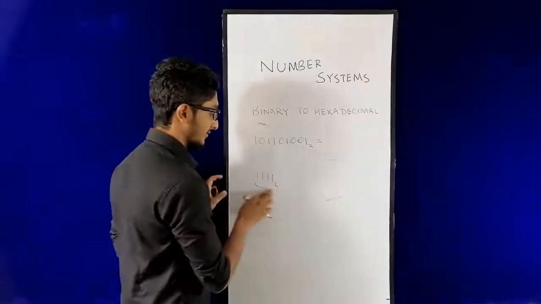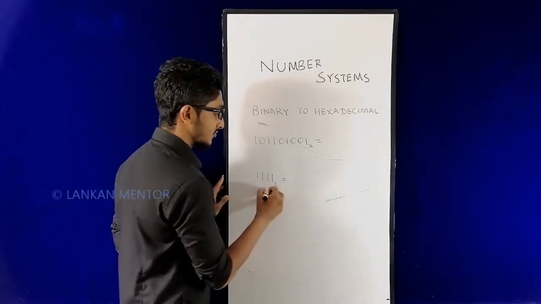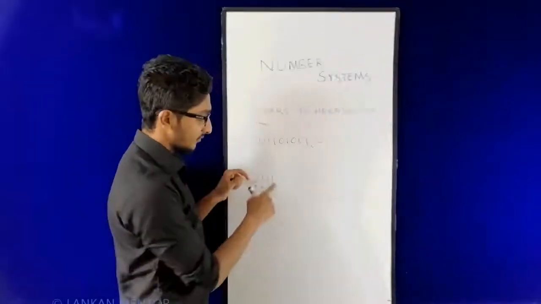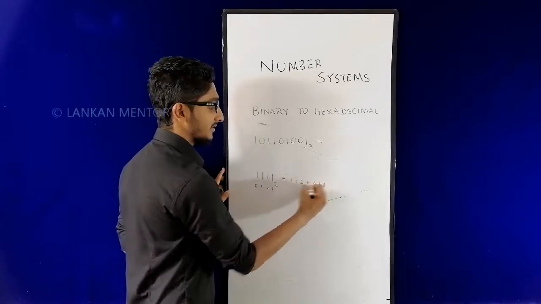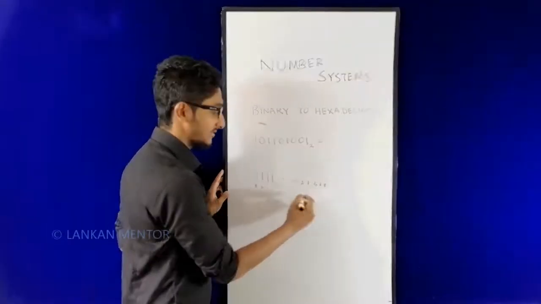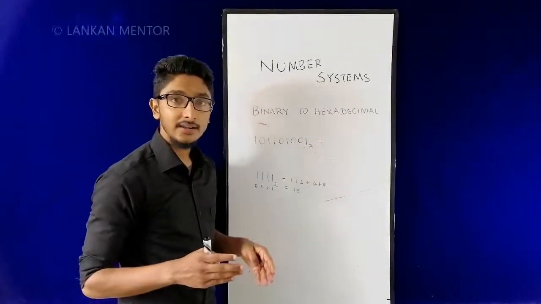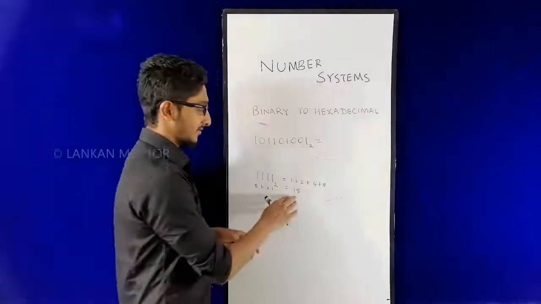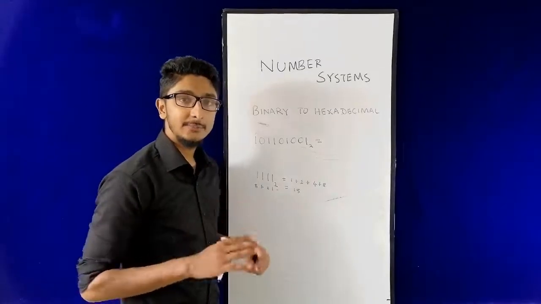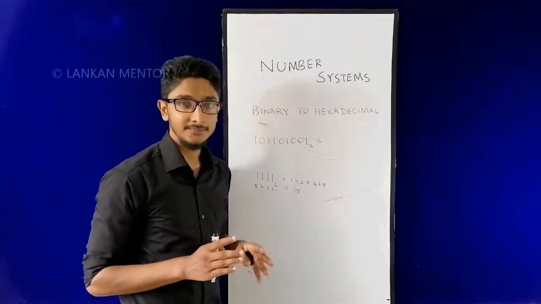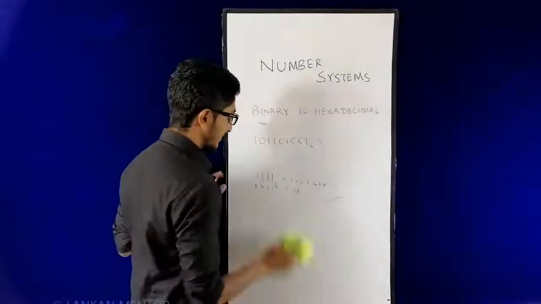How does it become 15? So see, this is 1, 2, 4, 8. So 1 plus 2 plus 4 plus 8 is 15. So in hexadecimal, the largest number F is 15. So you only need 4 binary digits to represent any hexadecimal number.